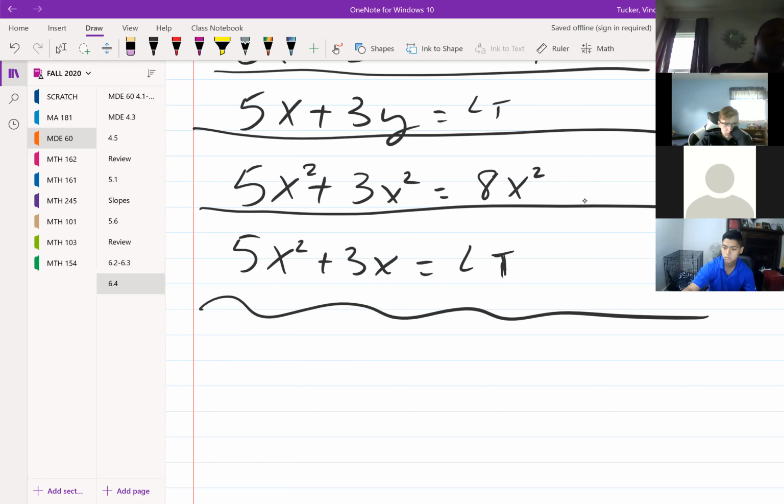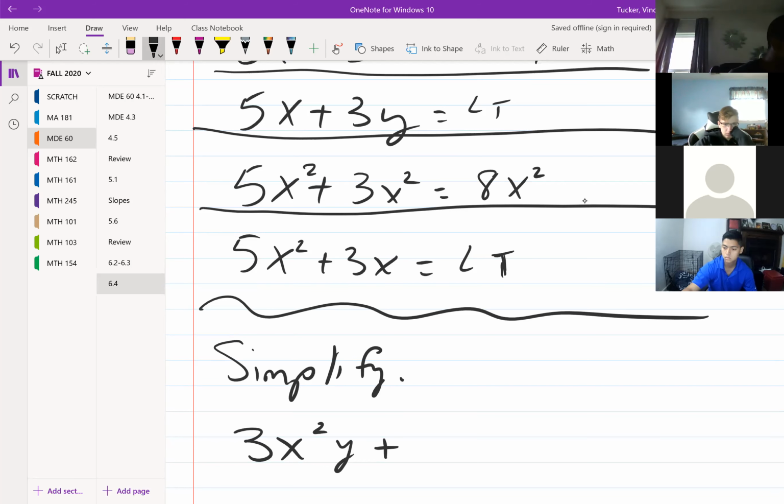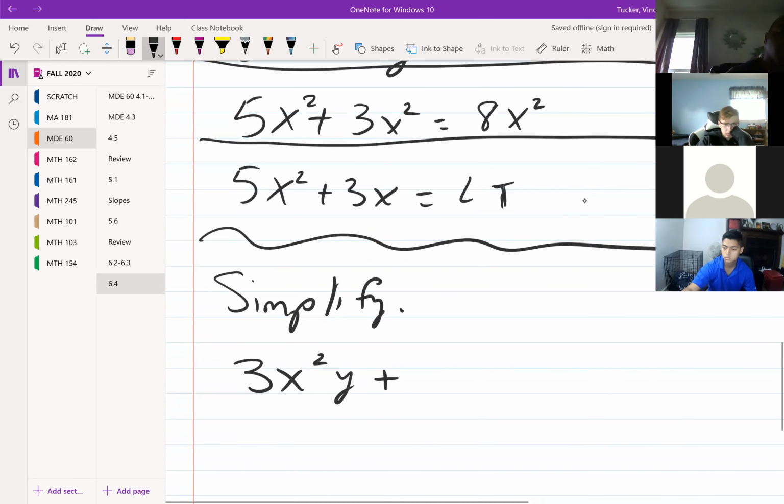Directions could be add, could be simplify, could be subtract, so if you see the operation, just make sure you follow it.